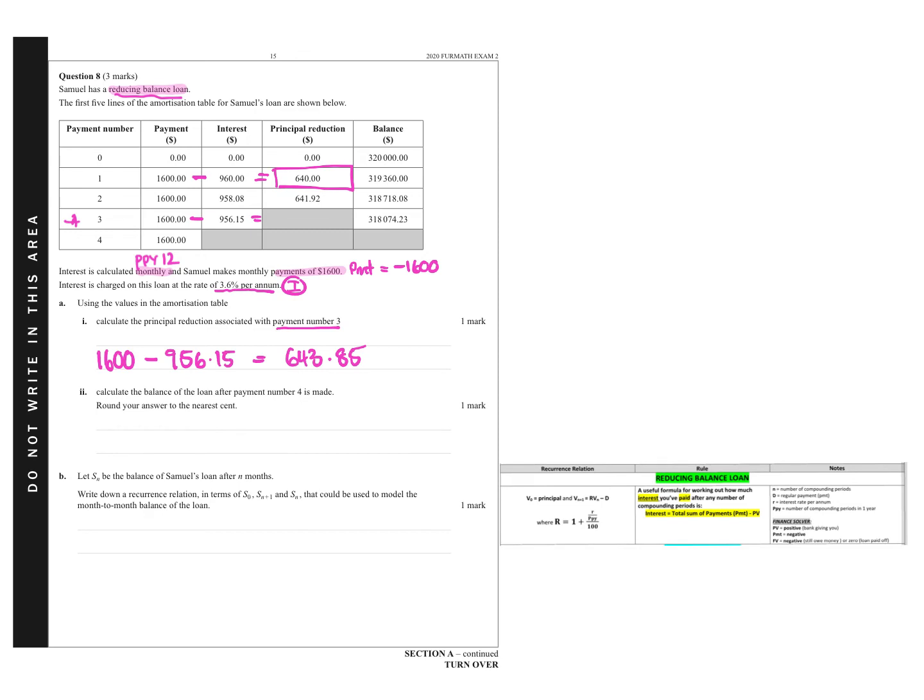So the question is, we actually need this box here. We have to think about how that's done. The balance of a loan is found by doing the balance before minus the principal reduction.